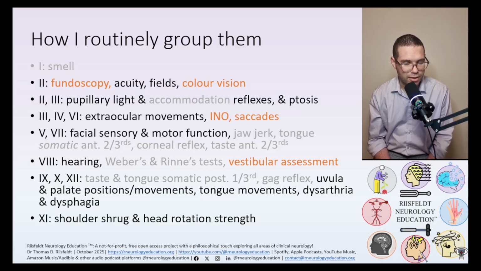Next, I examine the 9th, 10th, and 12th nerve together, focusing on uvular, palatal, and tongue positions and movements, dysarthria, dysphagia, and if indicated, then the gag reflex and taste and somatic sensation to the posterior 1/3 of the tongue. And finally, I examine the 11th nerve for shoulder shrug and head rotation strength.